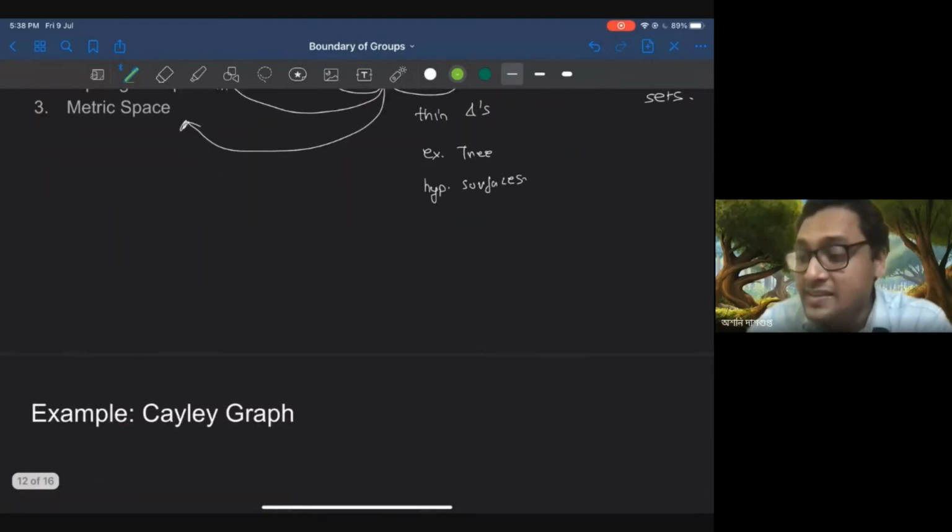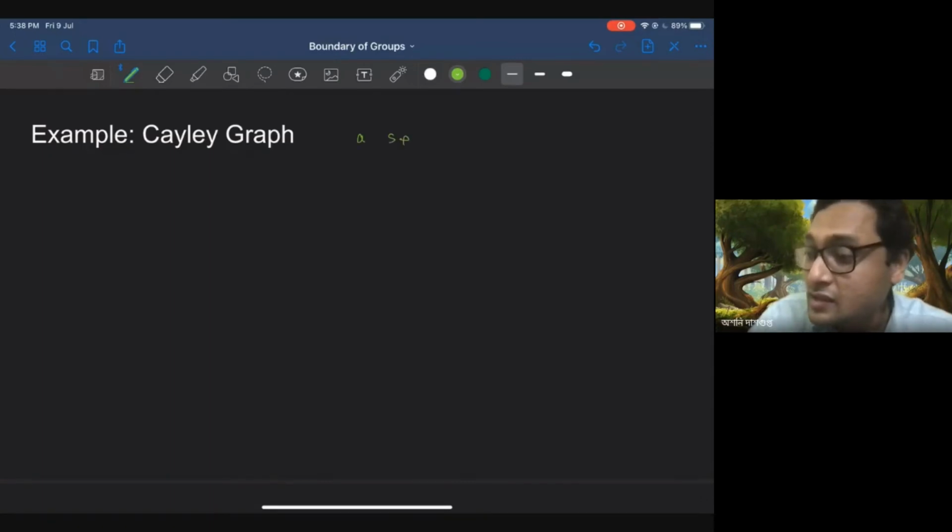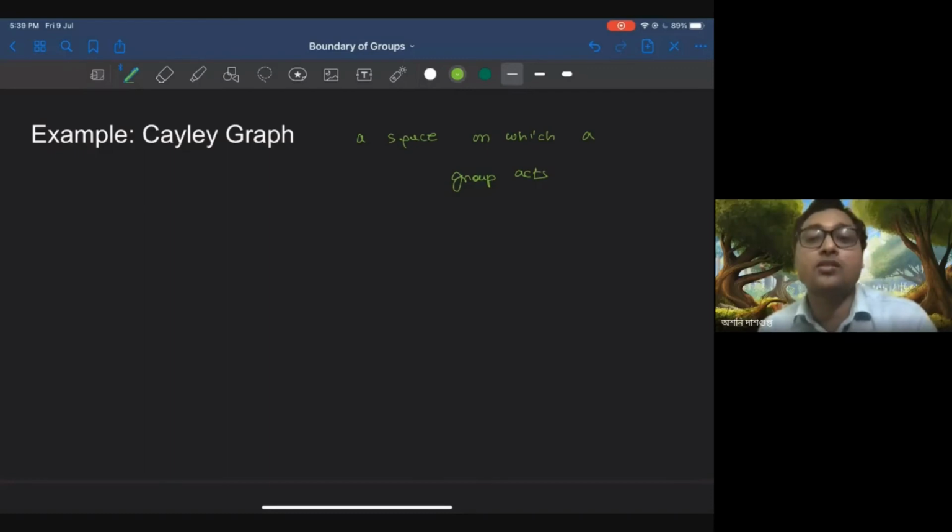So this is the basic game plan, and we will be creating one such space hands-on, a space on which a group acts. Because I'm telling you a lot about groups acting on spaces, it's better if we give an example right away.